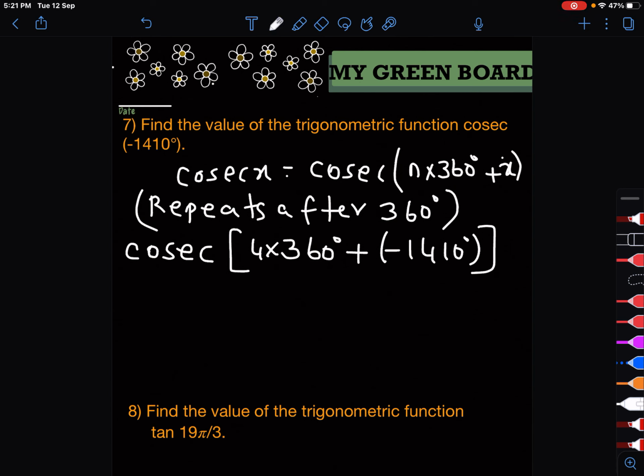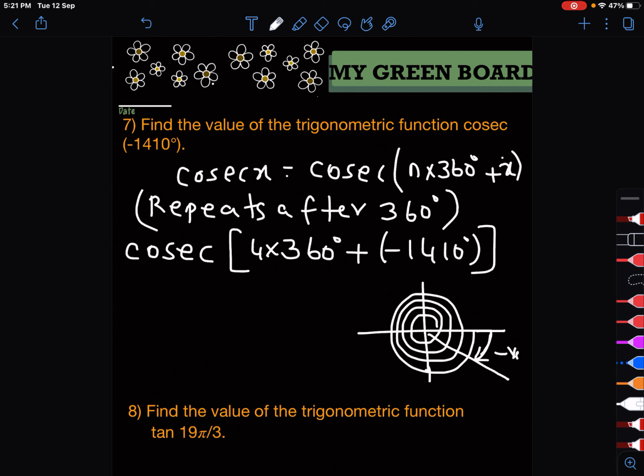Once again I'll just draw it. 1, 2, 3 and 4. Okay, 4 times of 360 and again minus of this degree. So here we'll be getting minus of 1410 degree. So this degree would be your negative thing. Okay, it's minus, so it's going from negative. Here 360. Okay, got it.